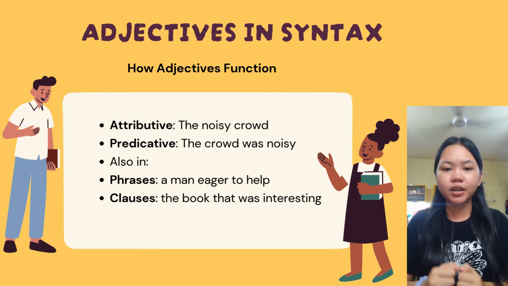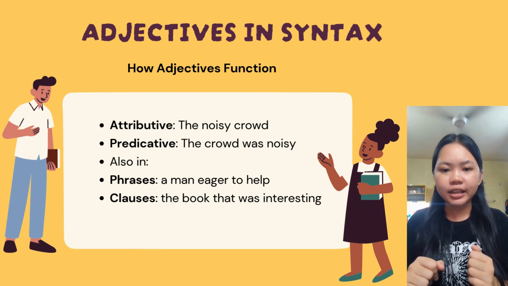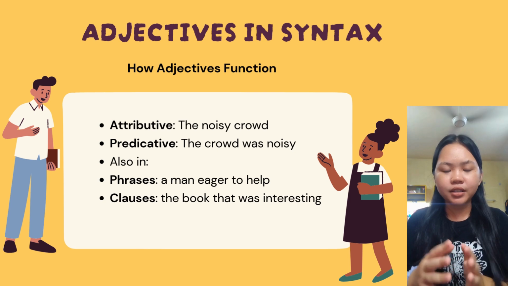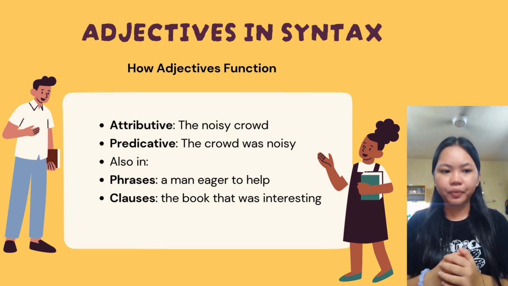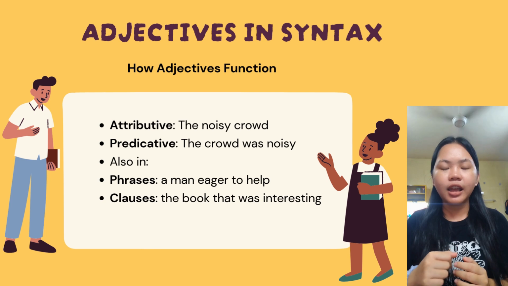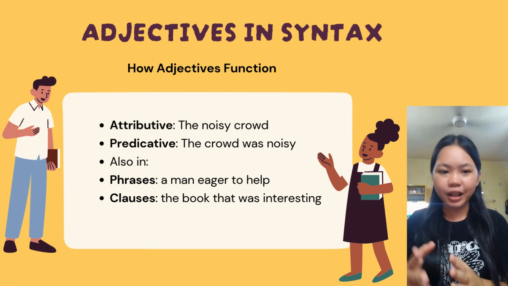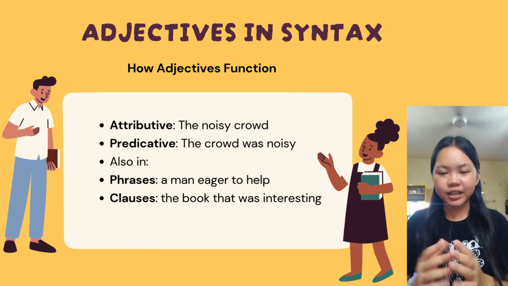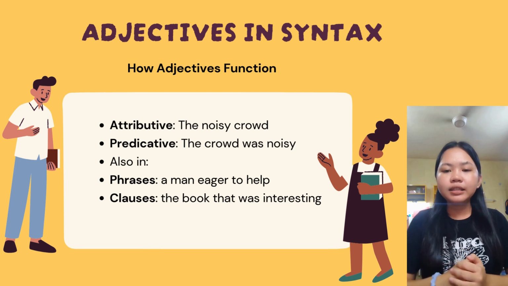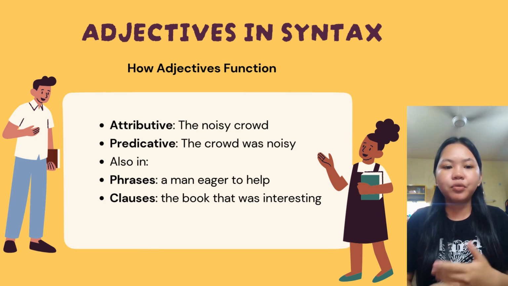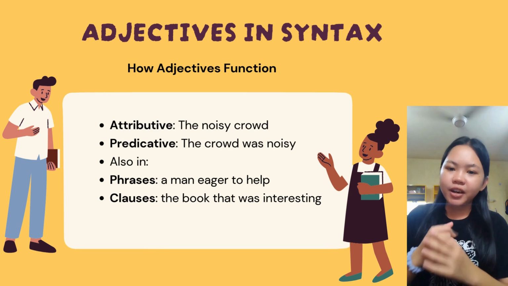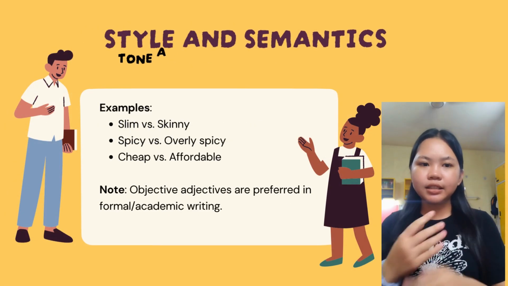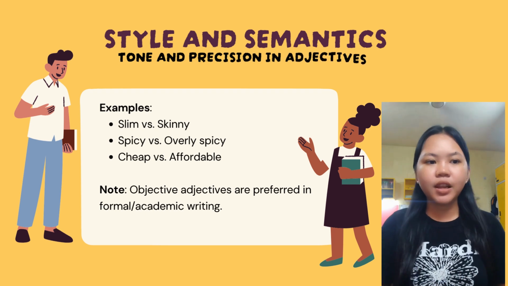They can also appear in longer structures, in adjective phrases, for example, a man eager to help, or in adjective clauses, the book that was interesting. Understanding this role helps us build more expressive and grammatically correct sentences.